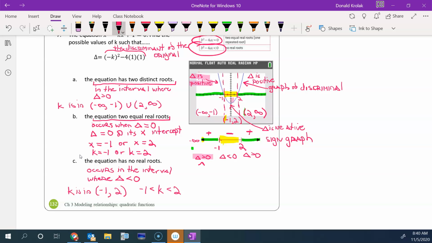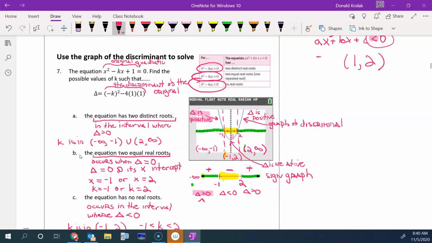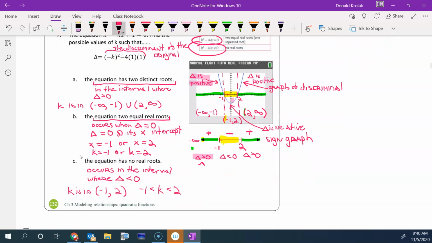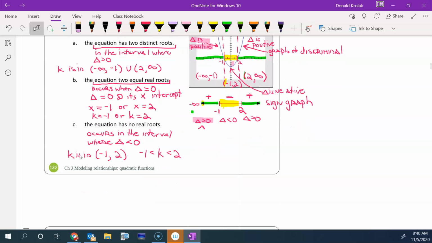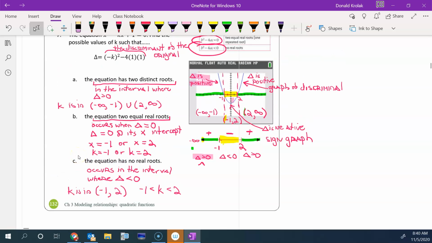If K is outside the two x-intercepts, then the original has 2 real solutions. And if the value of K is between the two x-intercepts, it's going to have no real roots.